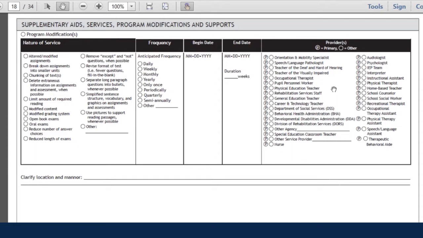So if there is something that you read in the IEP and you don't understand what it is telling you, please take the time to ask for clarification. This is a very important document, and you need to be comfortable with the decisions that you're making. And if you don't understand what the IEP says, then you're not going to be able to fully advocate for your child. If that is the case, there are a couple different ways you can handle it.